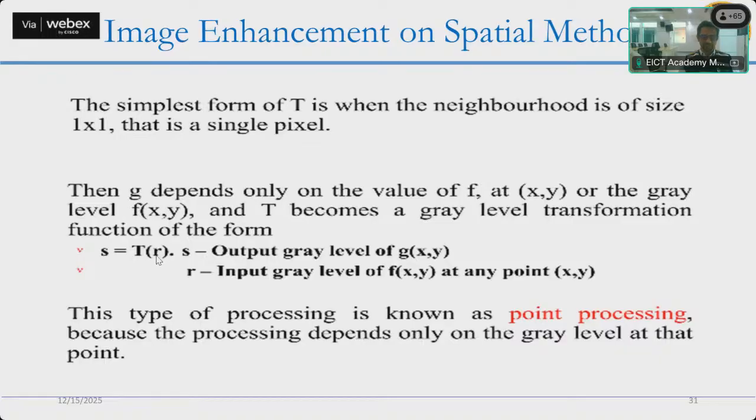It is working on that input value. The initial value of that pixel was R, and after the transformation it has become T(R). Since it's a single point, that's why we are saying it is a point process.